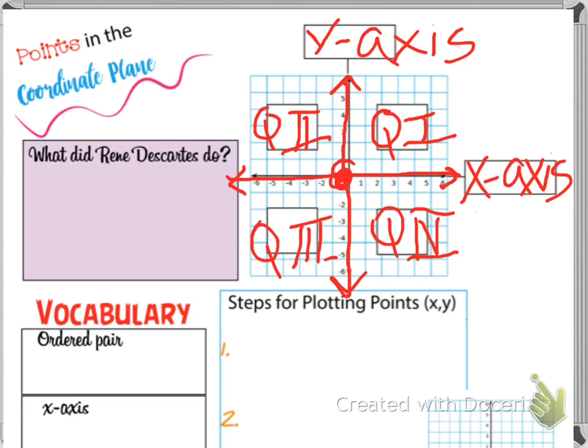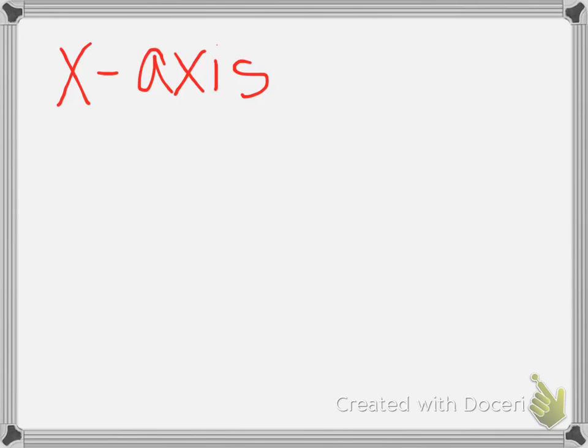So when we're looking at the ordered pairs, your x's and y's, in quadrant 4, you could have a positive 2 and then a negative 3, which we'll talk about how to plot points in just a moment. So real quick, make sure that you've jotted down your vocab.